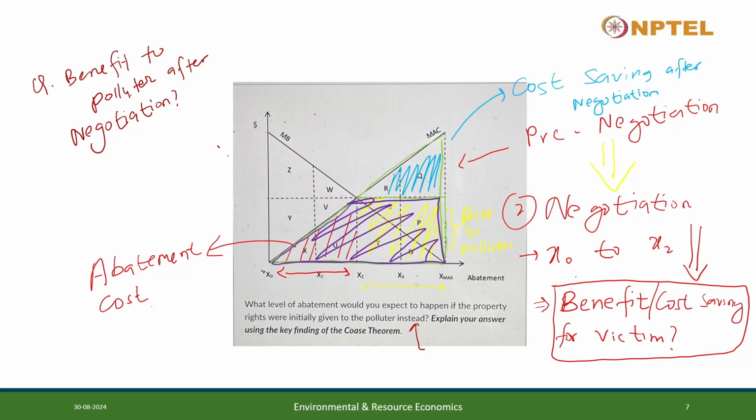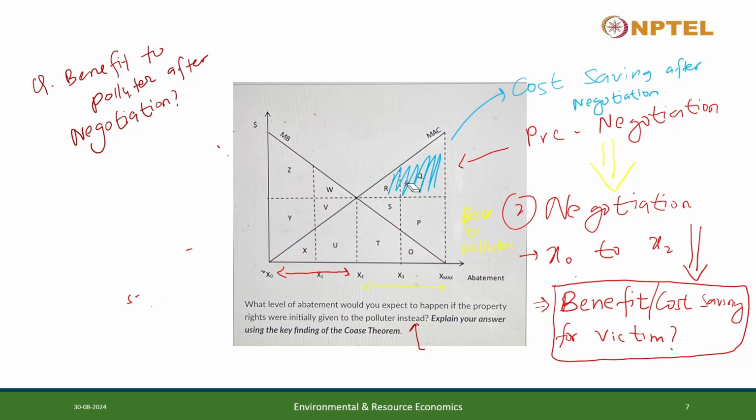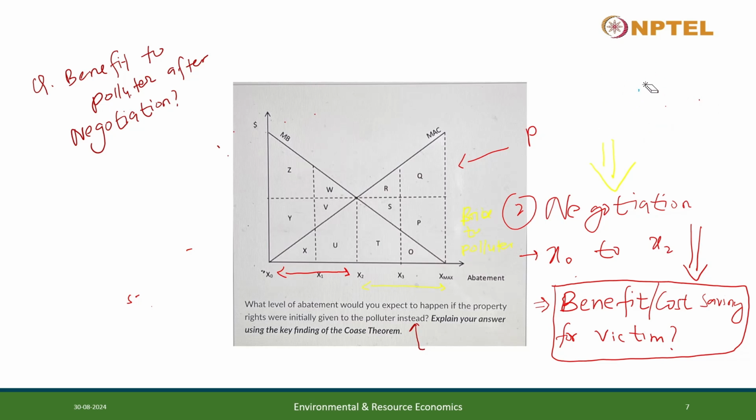Anyway, the polluter has the property, so why will he want to go for negotiation? Because he must be having some profit, right? Anyone?